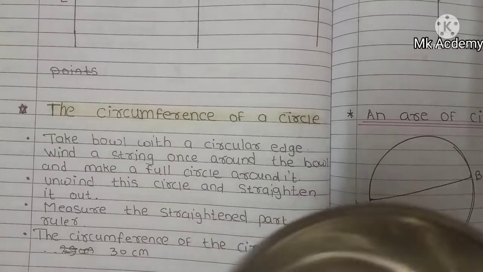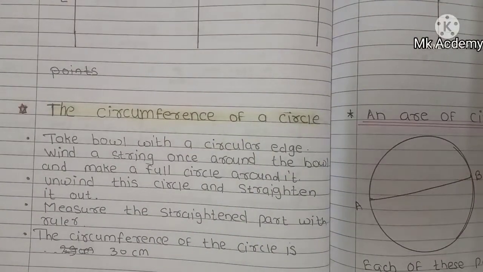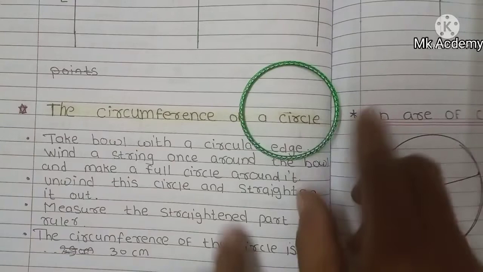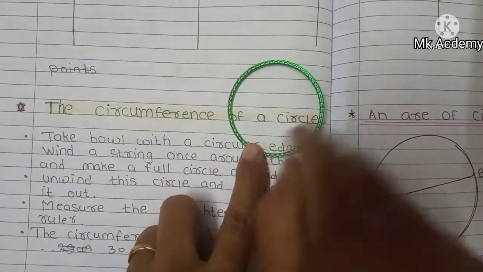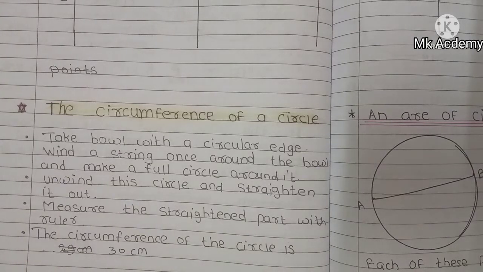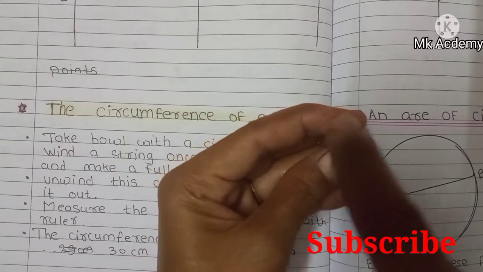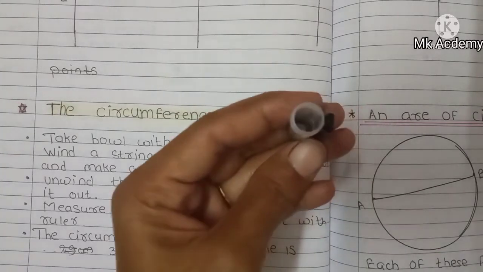This is called the circumference of the circle. If this is a bangle, this is its circumference. If we take the cap of a pen, this is a circumference of a circle.